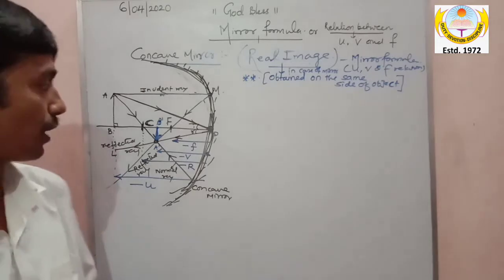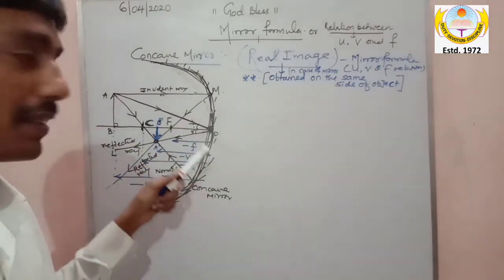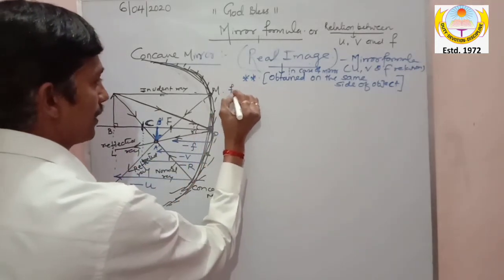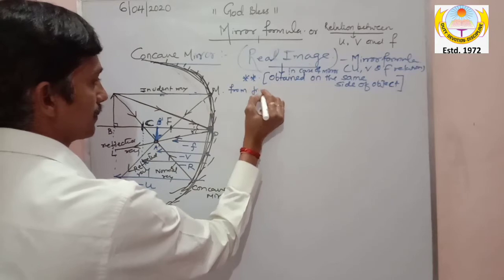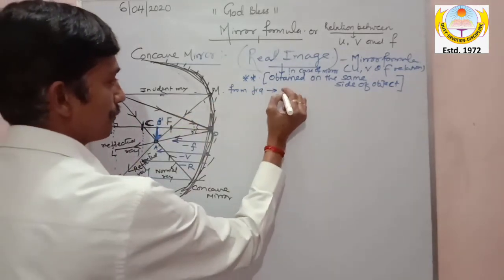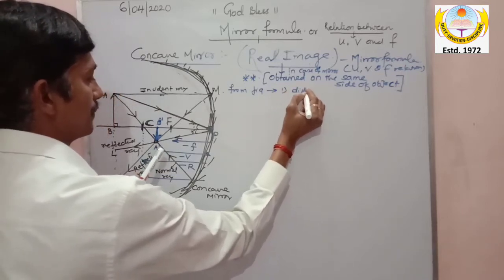Okay, so now, my dear, after looking at the distances in the diagram, can you imagine what the thing is? You can write from the figure. Write down the distances first.